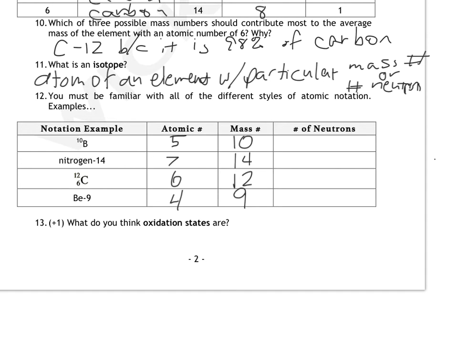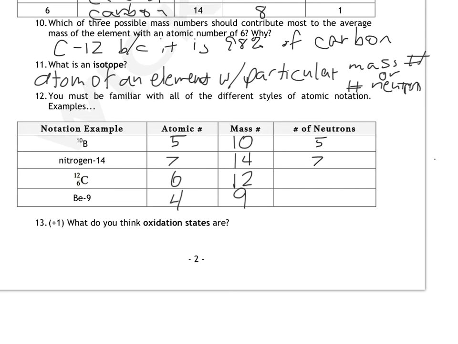Now for the number of neutrons, remember it's just a short algebraic equation away. You just need to calculate it by subtracting the atomic number from the mass number. So in these examples, for boron 10, you just need to do 10 minus 5 is 5. For nitrogen 14, you can do 14 minus 7 is 7.